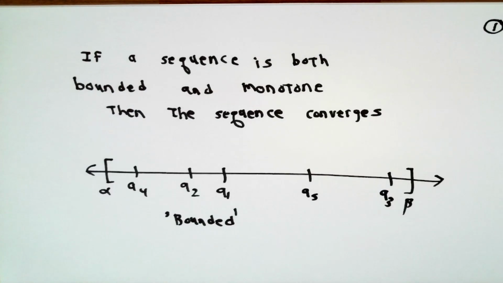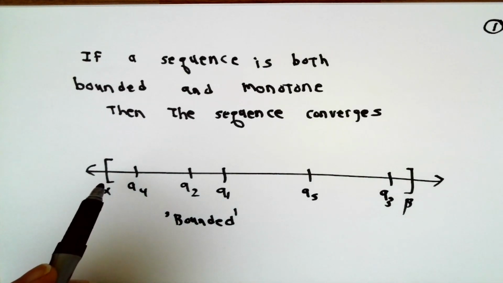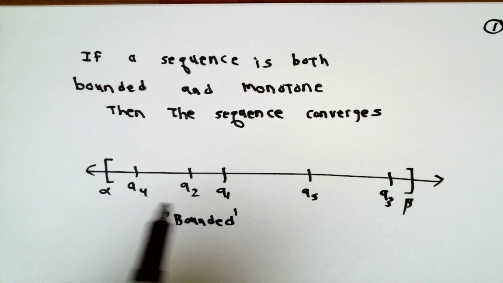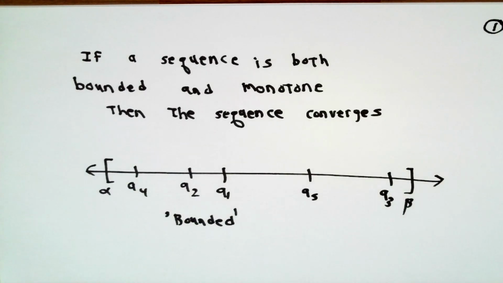The bounded part just means that there's a pair of numbers, alpha and beta, so that if I look at the interval that starts at x equal alpha and ends at x equal beta, all of the a numbers are between alpha and beta. There is a closed interval that contains all of my sequence terms.